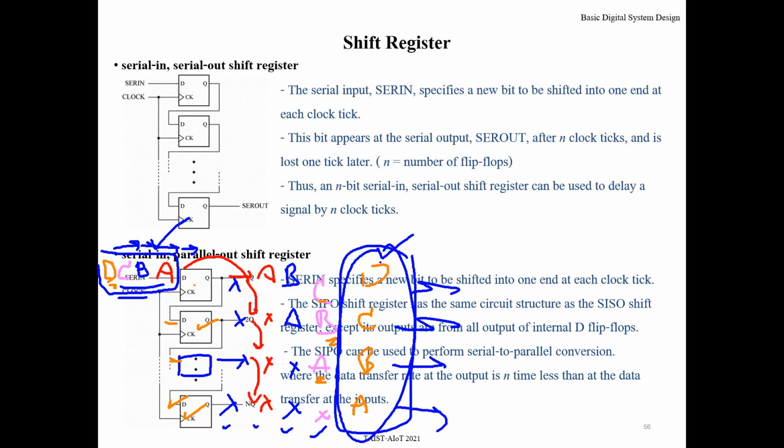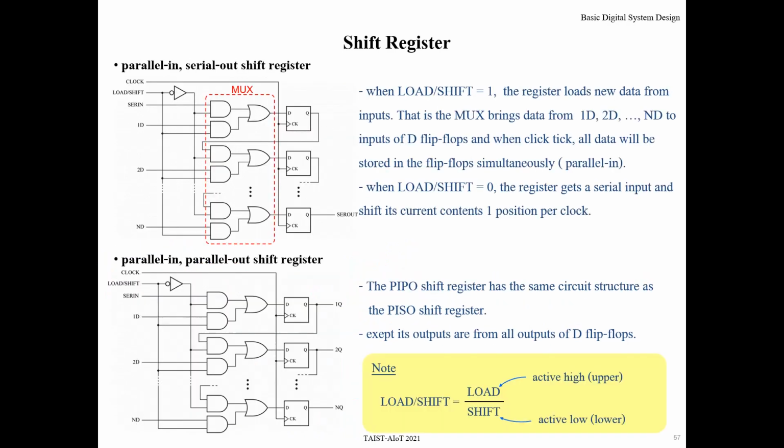The output frequency may be lower than the input frequency for the data rate. And actually it's quite the same, just different in that you use only a single output or multiple bit output. If you use a single one, it's serial out. If you use every bit at the same time, it's parallel out.